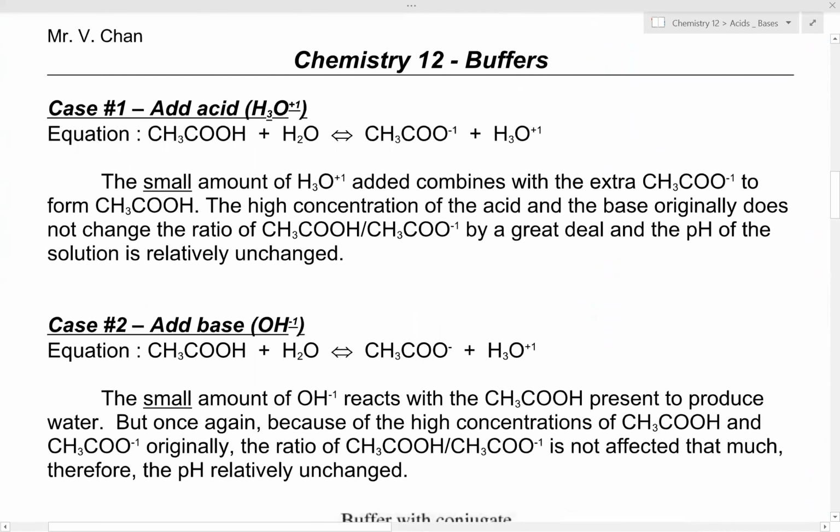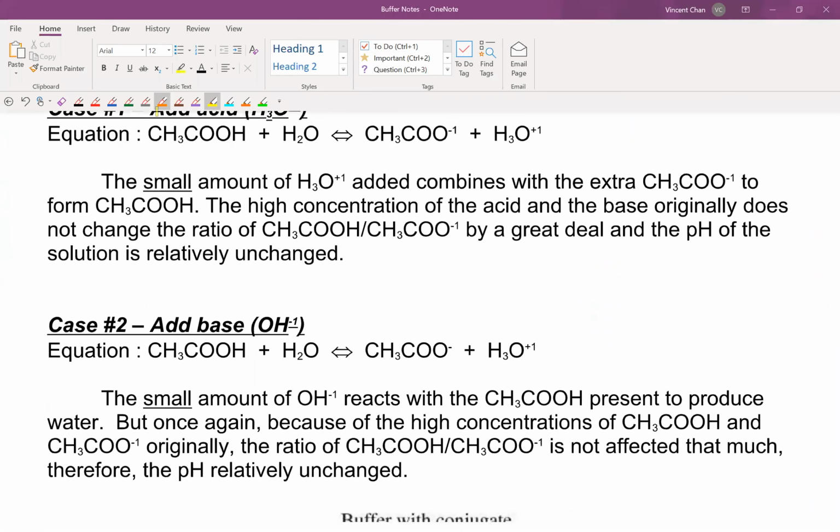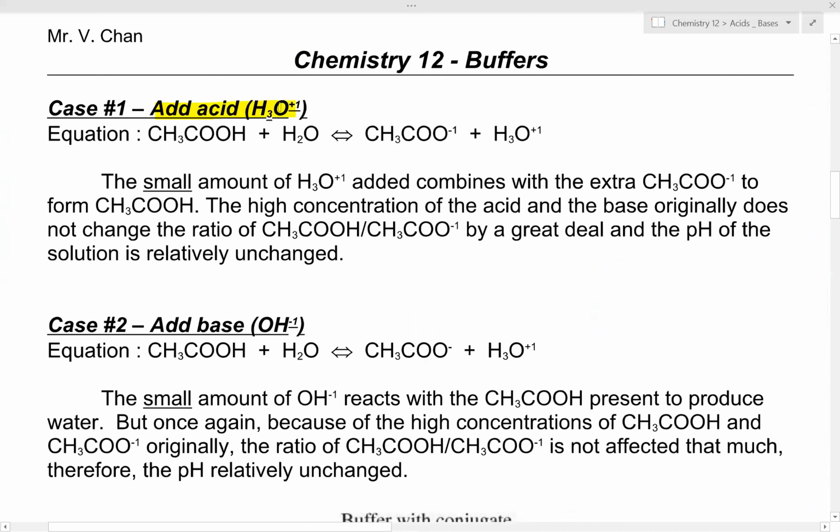All right, the pause is stopped, okay? What happens when we add an acid? Okay, so when you add an acid, what happens is, looking at the equilibrium, the small amount of H3O+ combines with the extra acetate ion to form acetic acid.